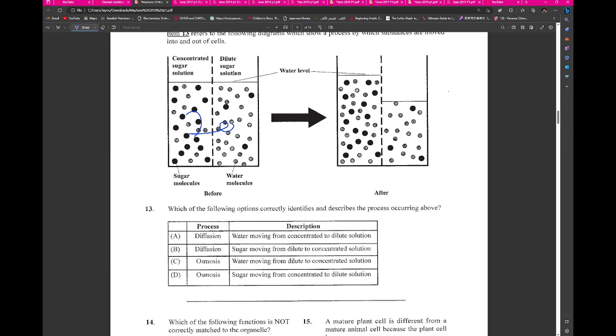So now the sugar molecules stay the same, so it's going to be water. So this does osmosis clearly. Alright, so water is moving from the diluted solution, right, to the concentrated sugar solution.